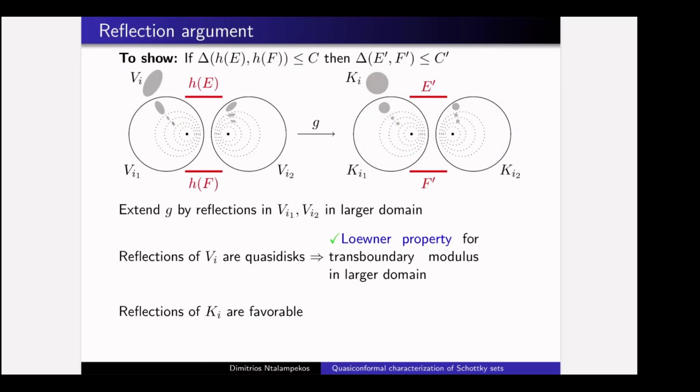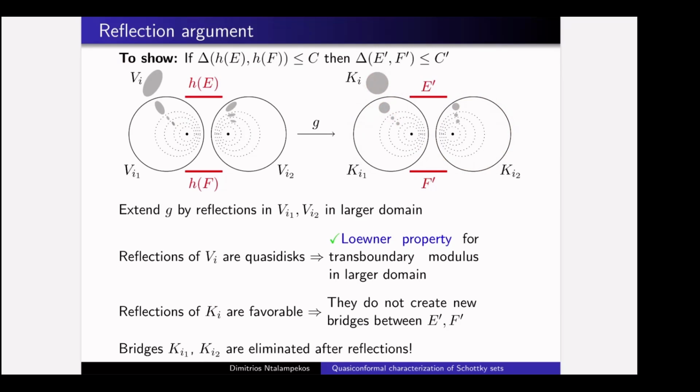This, based on the picture, looks easy because reflections make disks smaller, but again, it's something technical that has to be ensured. So the reflections of those disks are favorable. They do not create any new bridges between E prime and F prime. And the two problematic disks have now disappeared. In the limit, they have become these two points. So therefore, there's no problem with running the previous argument.